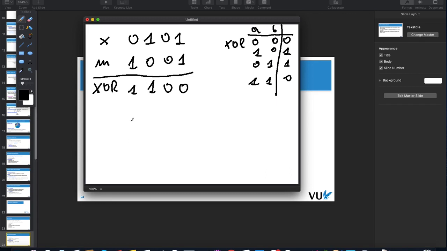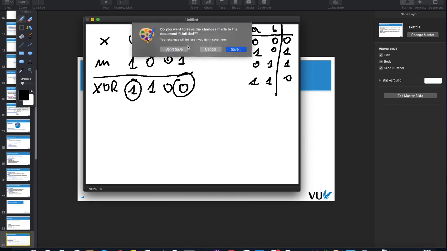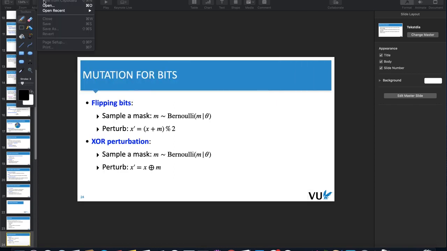So you see, by applying XOR, we can change this object into something new. For instance, we changed the value here and here. This remained the same, right? So we changed the original bits here and here.